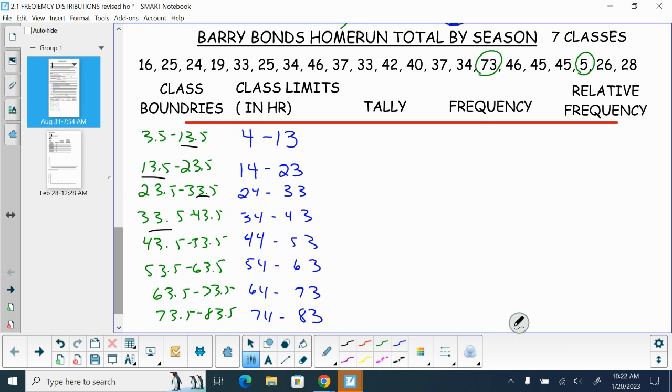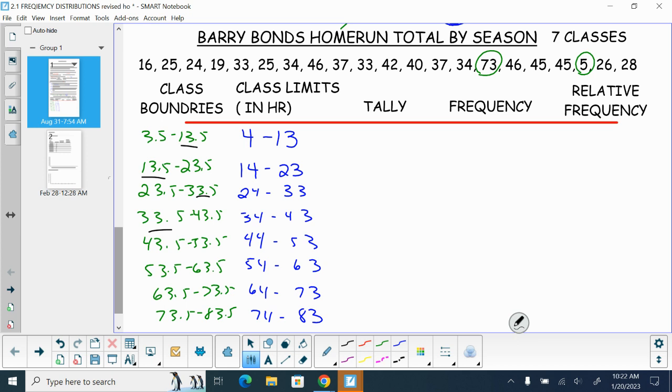Well, that's where it goes back to, what are we talking about here? We're talking about numbers of home runs. Your class boundaries, we talked about, are a half unit more or less than your raw data. 13.5. Has anybody here hit a half of a home run? No. In a baseball or a softball game?